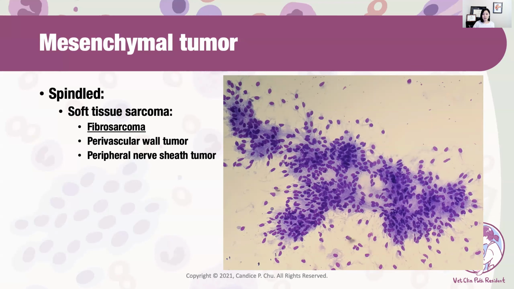In my cytology report, if I see this type of cells, my interpretation will still be sarcoma. In the comment section, I'll say this is most likely soft tissue sarcoma. Based on the morphology, I think fibrosarcoma is the most likely one, but I cannot completely exclude the possibility of other types of soft tissue sarcoma.